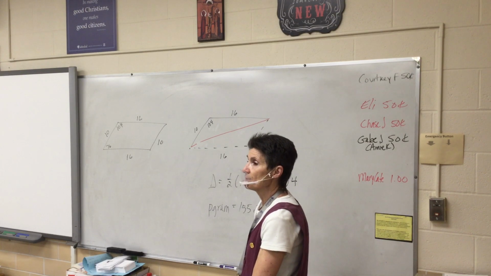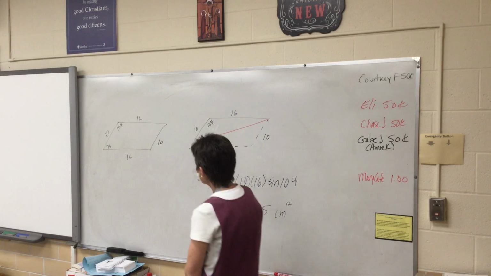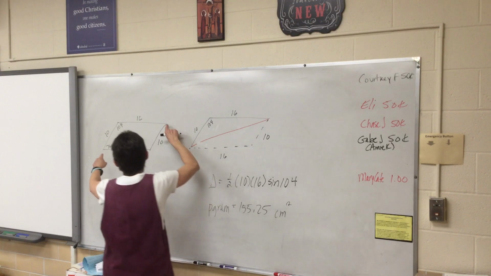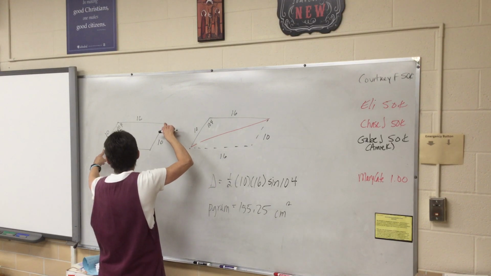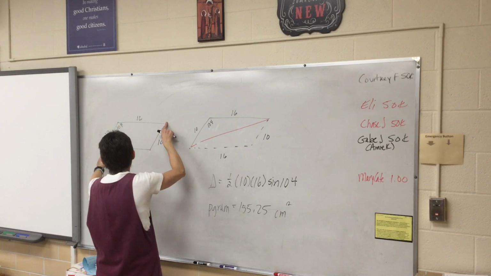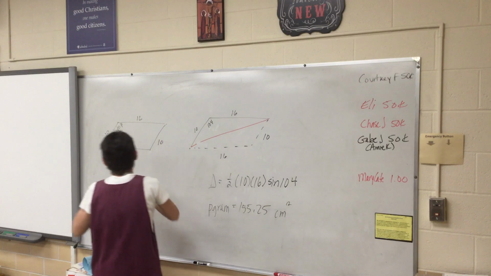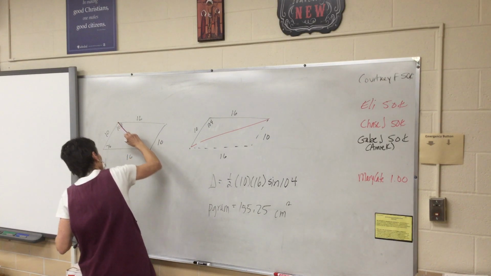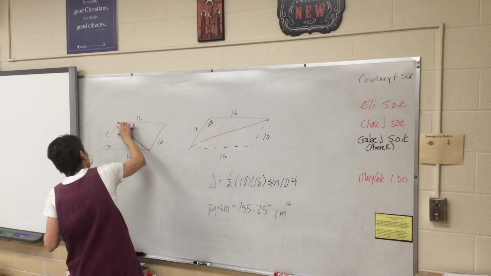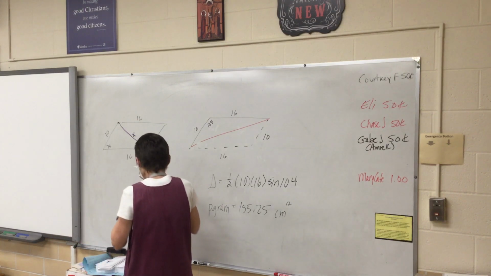When I look for diagonals, this would be one diagonal, and this would be the other. Which one's going to be shorter? This one right here. So now I'm going to draw this diagonal in.